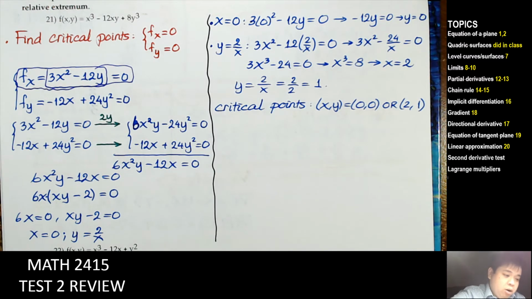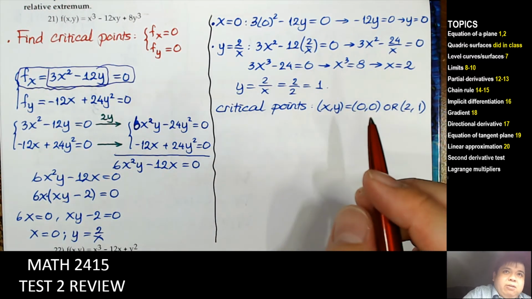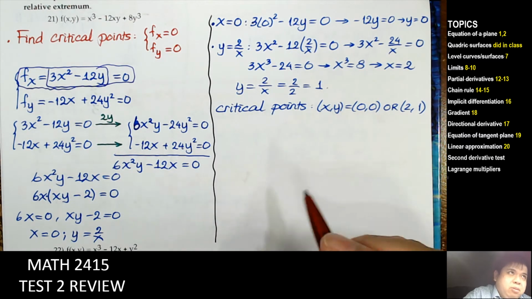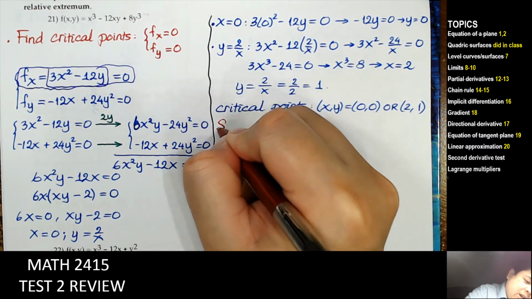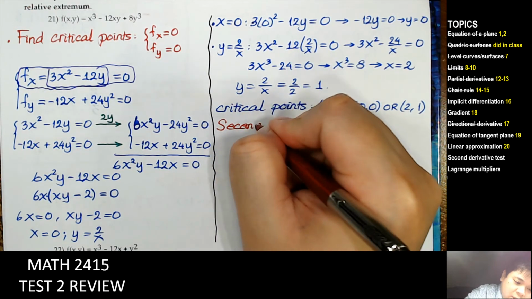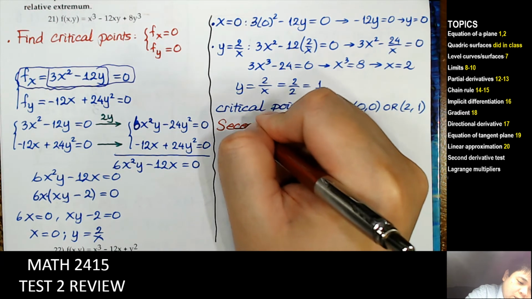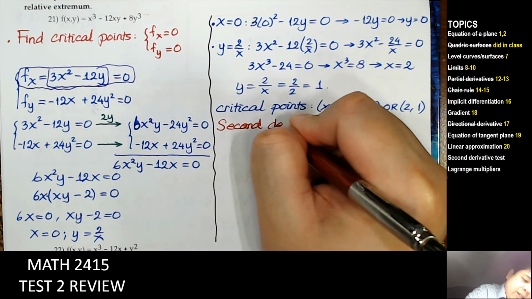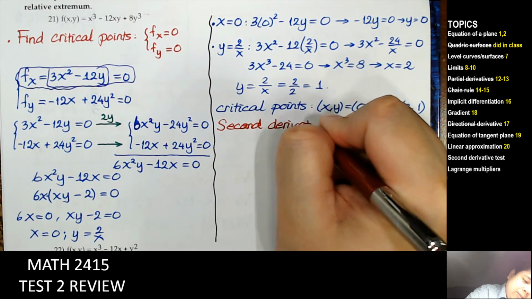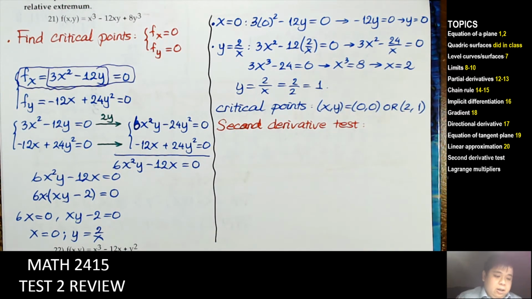Now the second part is to determine if it is a maximum or minimum. So the second step is the second derivative test, for which we need the second derivative, obviously.